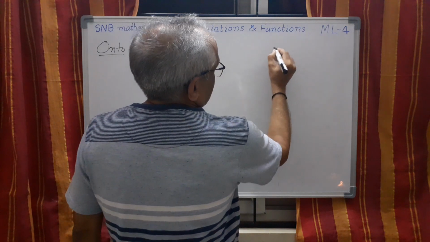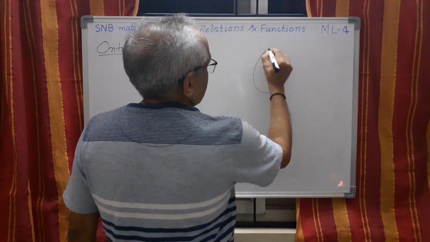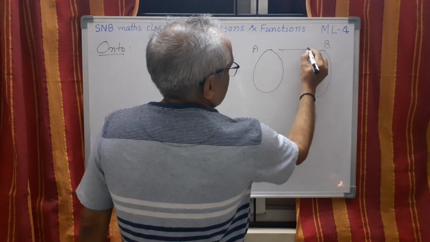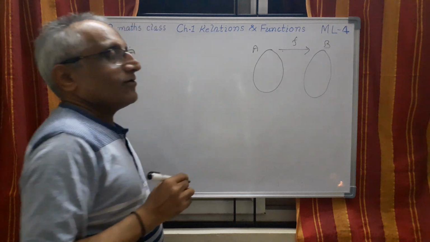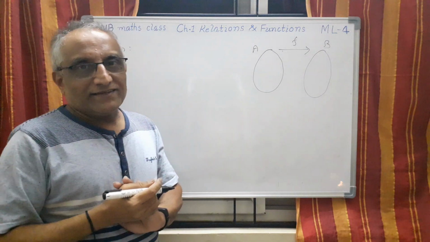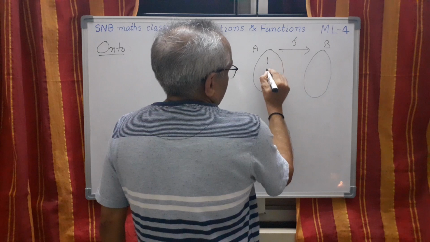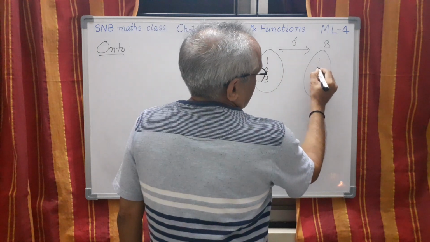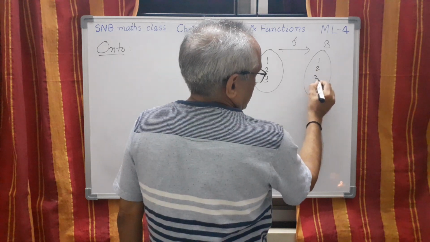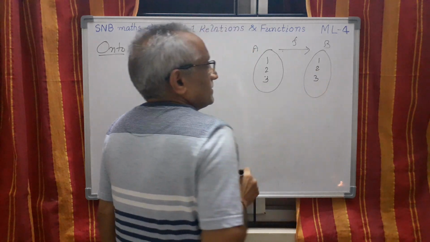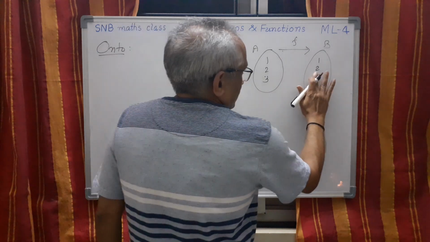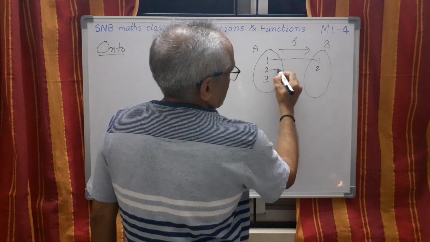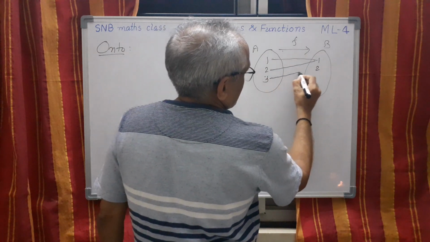See, onto function means you take a set A, another set B. Suppose f is the function. Onto is very simple. If you take, for example, 1, 2, 3, some elements, or I will take only 1, 2. If 1 goes to 1, let us say, 2 also goes to 1, 3 goes to 2.